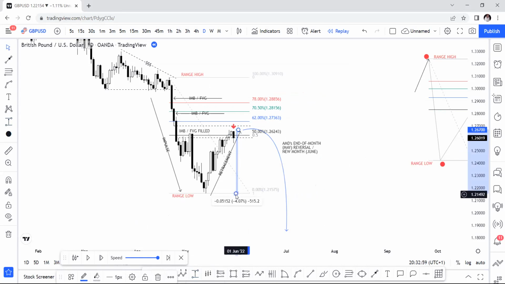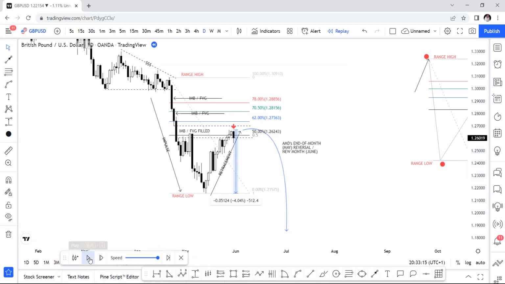This is the range low. You can measure this impulse downward, but for me the first target could be here, around 512 pips.